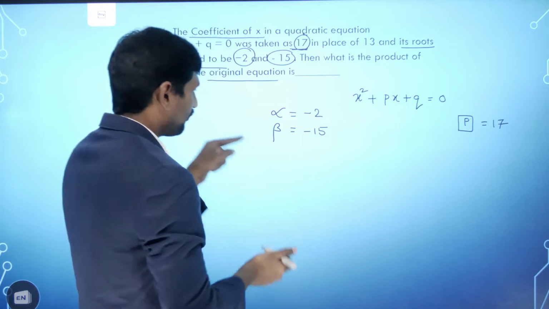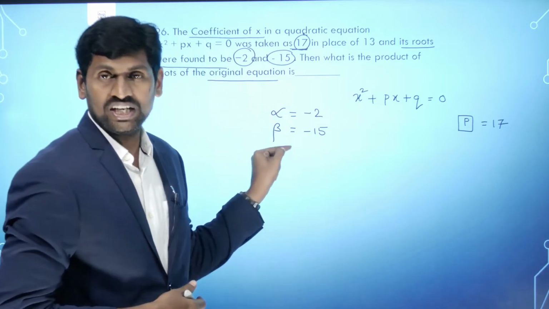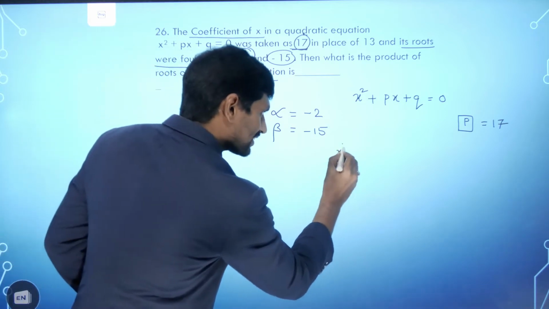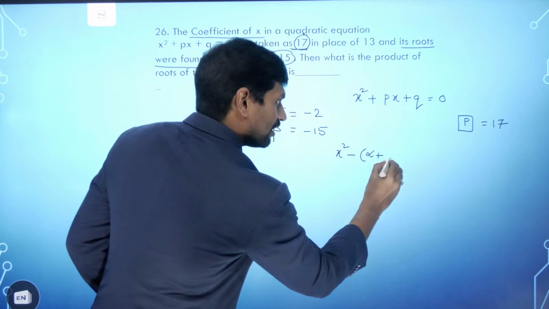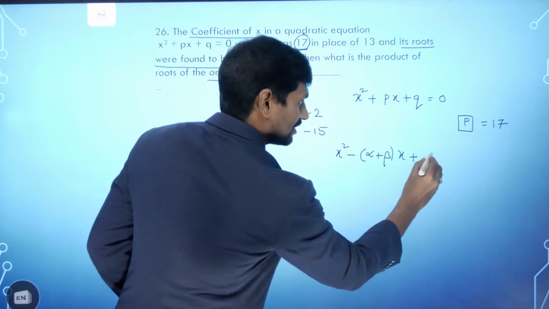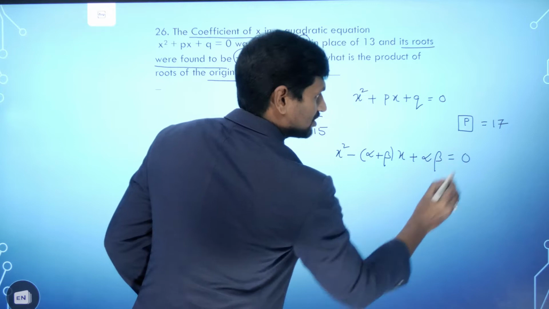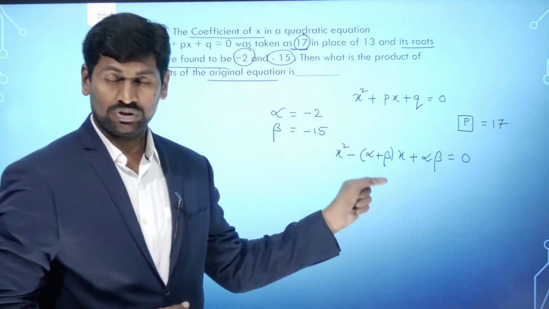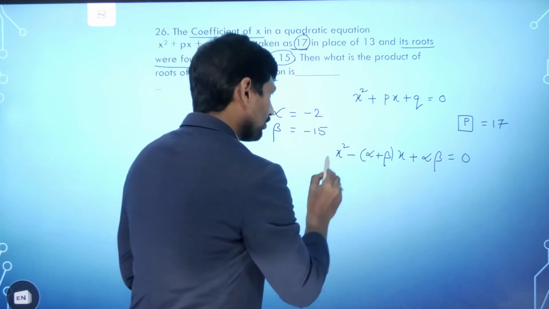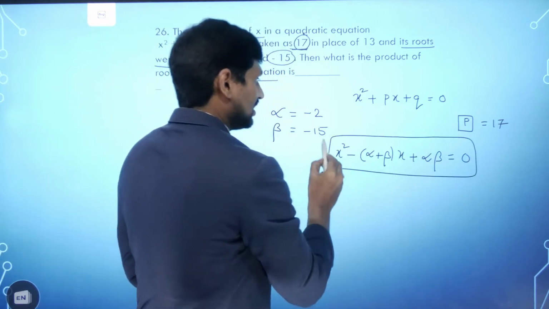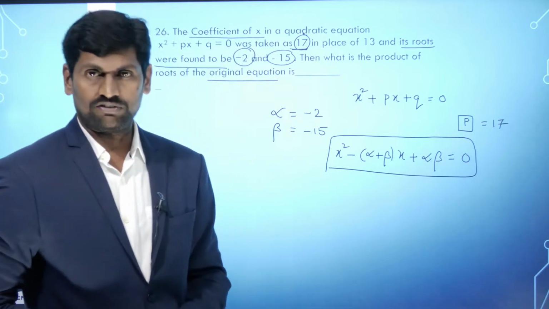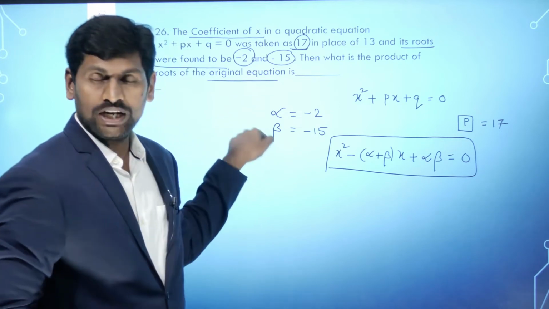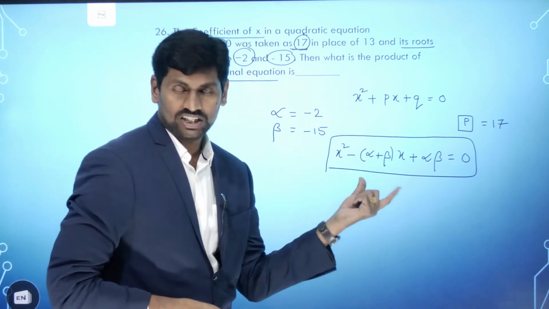If the roots alpha and beta of a quadratic equation are given, the form of the equation is x square minus (alpha plus beta) into x plus alpha beta equals 0. Let us substitute the alpha and beta values.